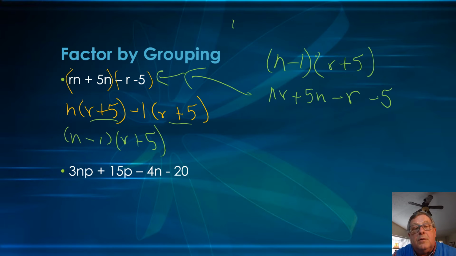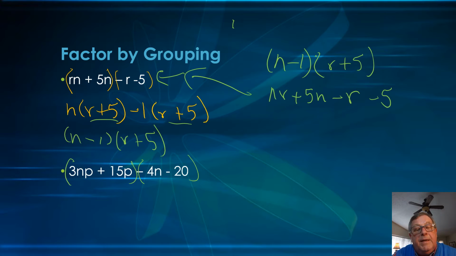All right, let's say the second quadrinomial, 3np plus 15p minus 4n minus 20. Well, let's go ahead and just see if we can put these into 2 groups, kind of like it's written. So I grouped them as 3np plus 15p, and then negative 4n minus 20.